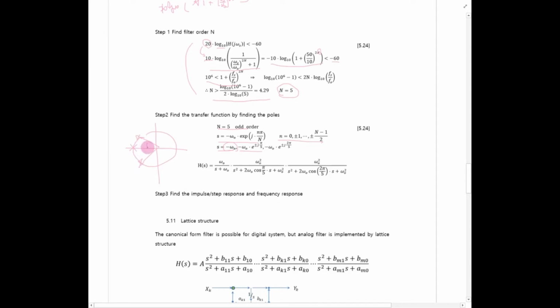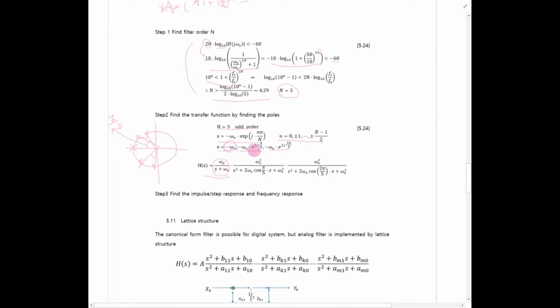This angle becomes pi over 5, since the order is 5. And another pair is here and here, and this angle is also pi over 5.